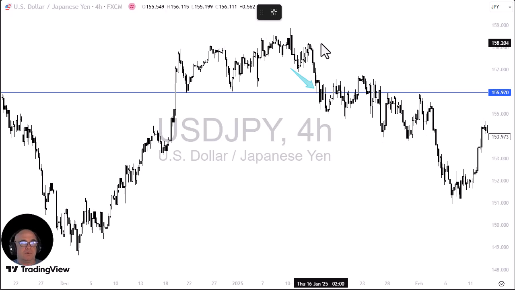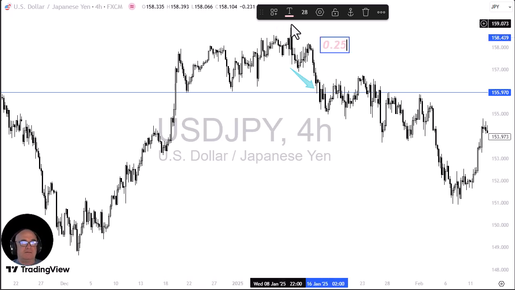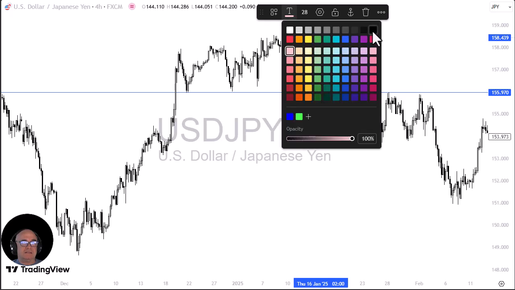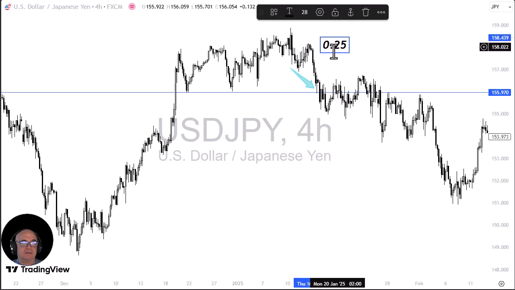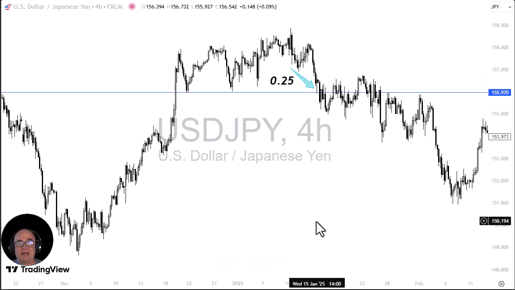So what I'm going to say here is 0.25 on this entry. So what that means is if your usual trade size is $1 a pip, for example, you're going in at 25 cents a pip.